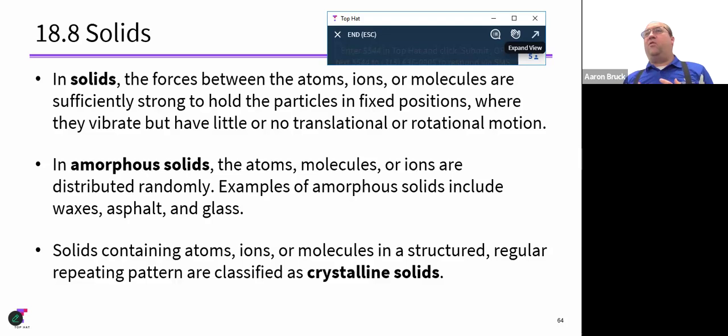Strong enough that the particles are in fixed positions, so they're going to have vibrational degrees of freedom, but little to no translational or rotational degrees of freedom. Again, close proximity plays a big role in that, and in the inability of those atoms to move.